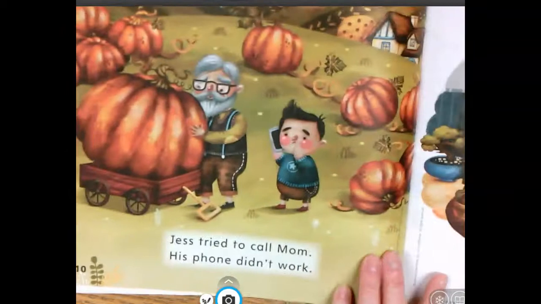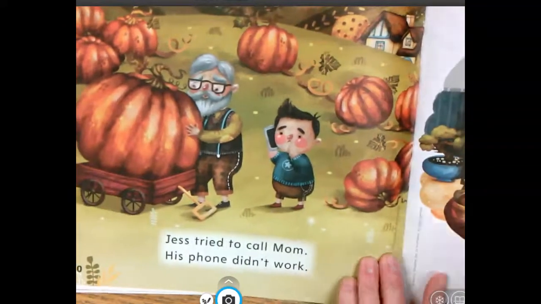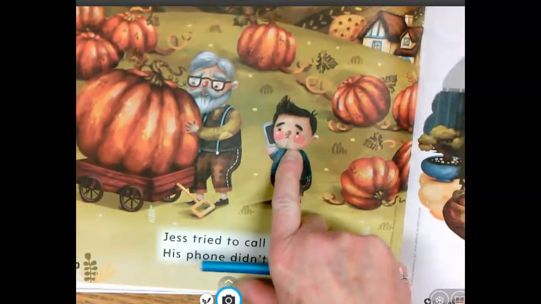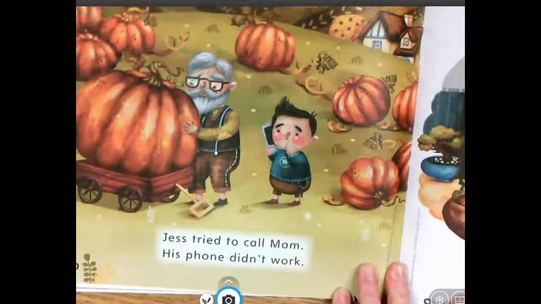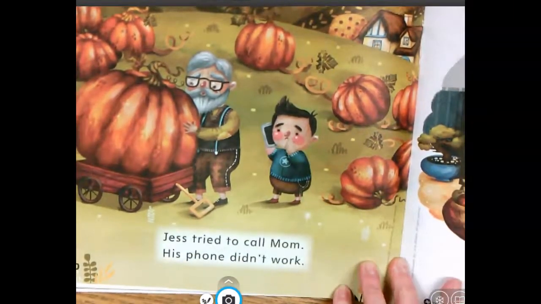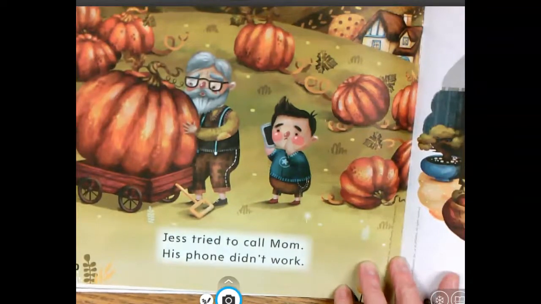Well, if we look at the picture, what does the expression on his face tell us? Is he happy? No. Is he angry? No. Is he worried? Probably. I think he's worried, upset, because he can't get a hold of his mom.